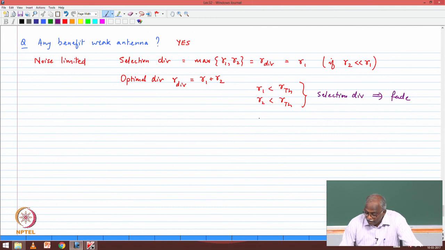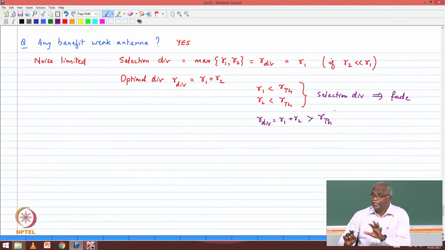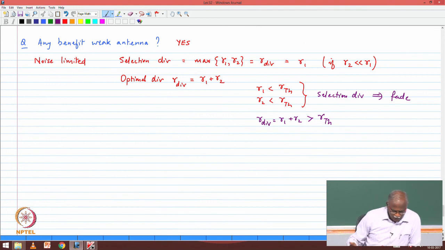But with optimal diversity combining, gamma 1 plus gamma 2 may be greater than gamma threshold. So even if gamma 2 is very weak, I will not throw it away, because under some scenario it may add a little bit more to the SNR of gamma 1 and give me some benefit out of that.